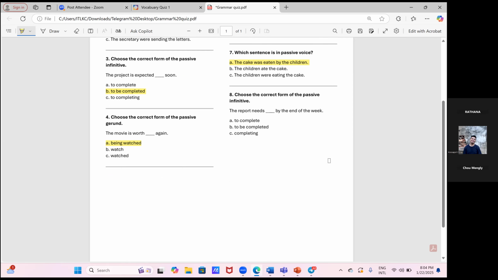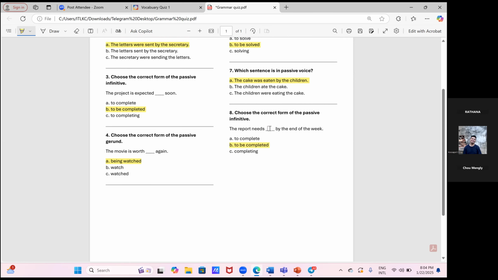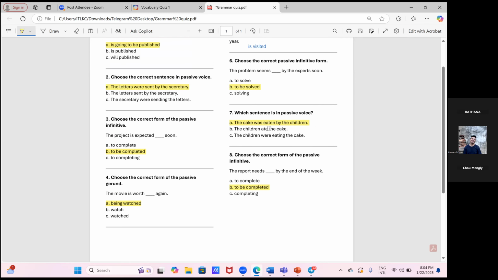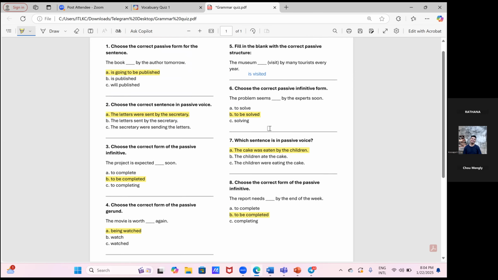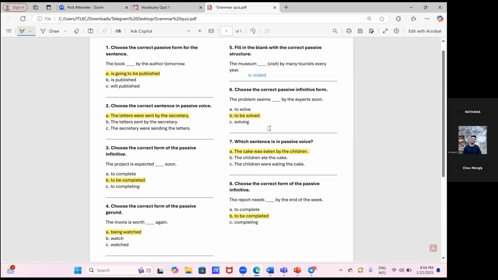Letter B. By the end of the week. But number 7, I'm not sure. The children were eating the cake. Because there is by.